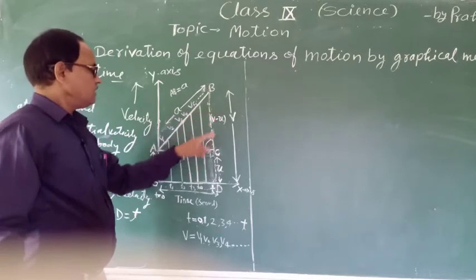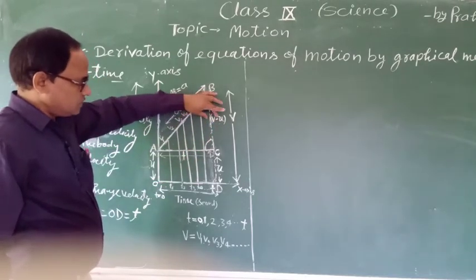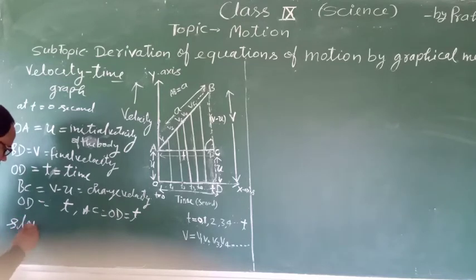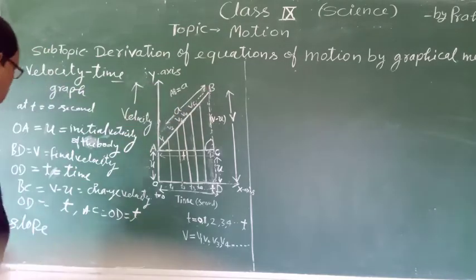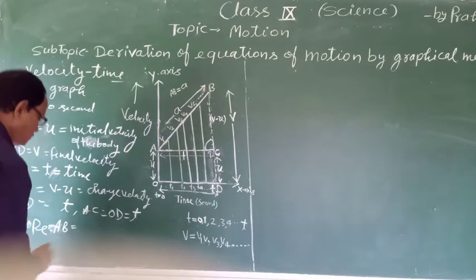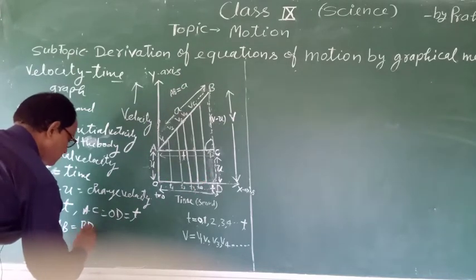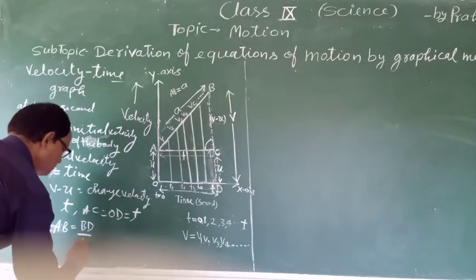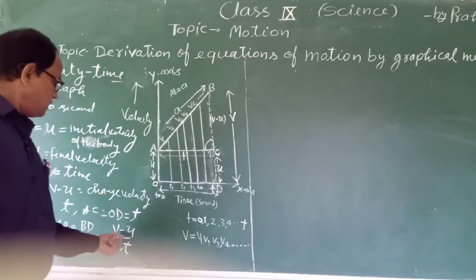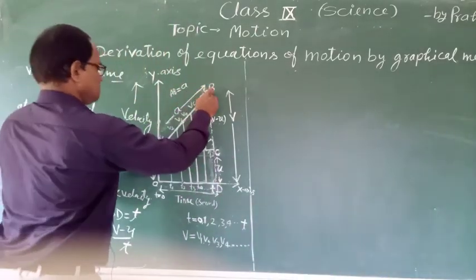So the slope AB is equal to BC by AC, which is equal to v minus u by t, the change in velocity per unit time, which is known as acceleration.